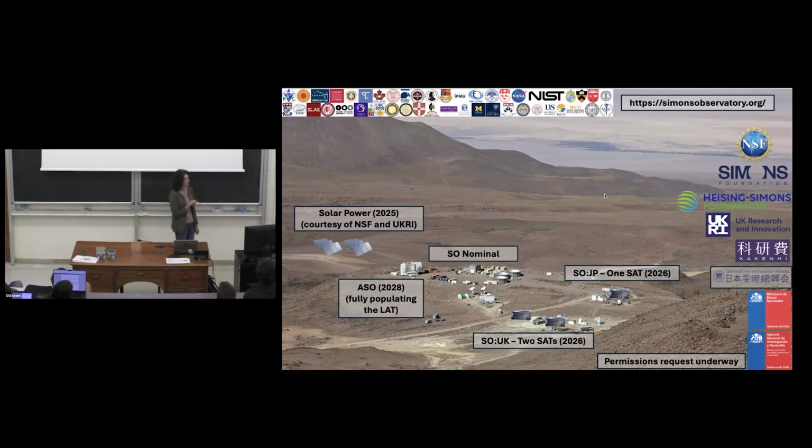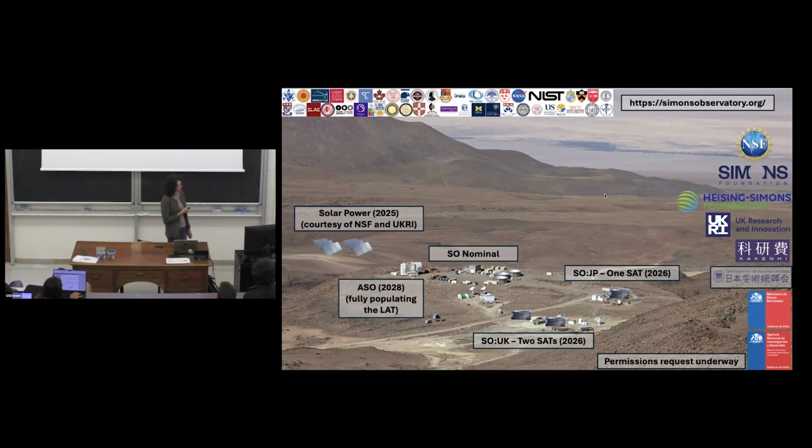And this comprises 1 large aperture telescope and 3 small aperture telescopes. Then there is an additional small aperture telescope built and funded by our Japanese colleagues. 2 small aperture telescopes built in the UK, 1 in Cardiff, 1 in Manchester, that should go to site next year.